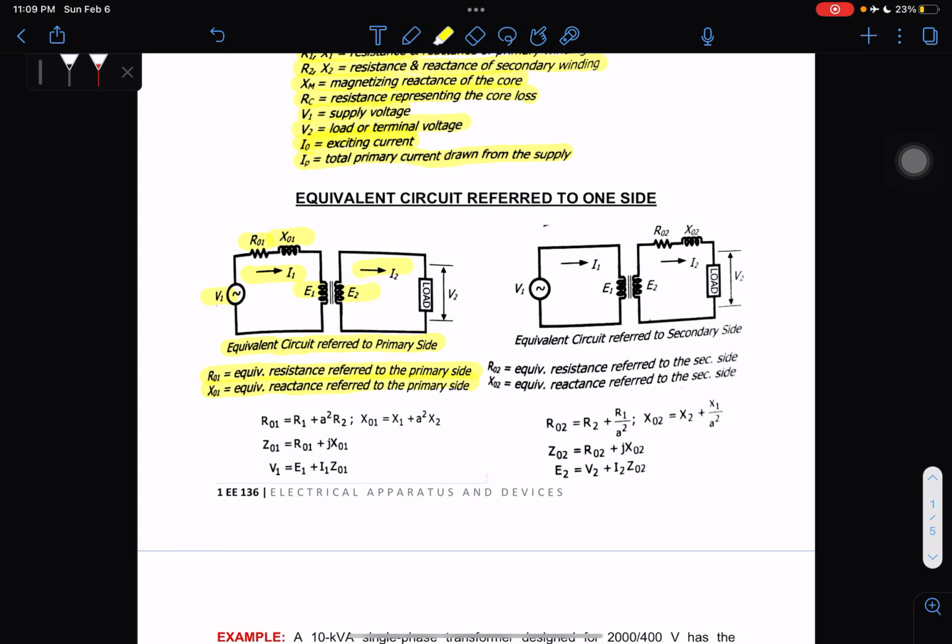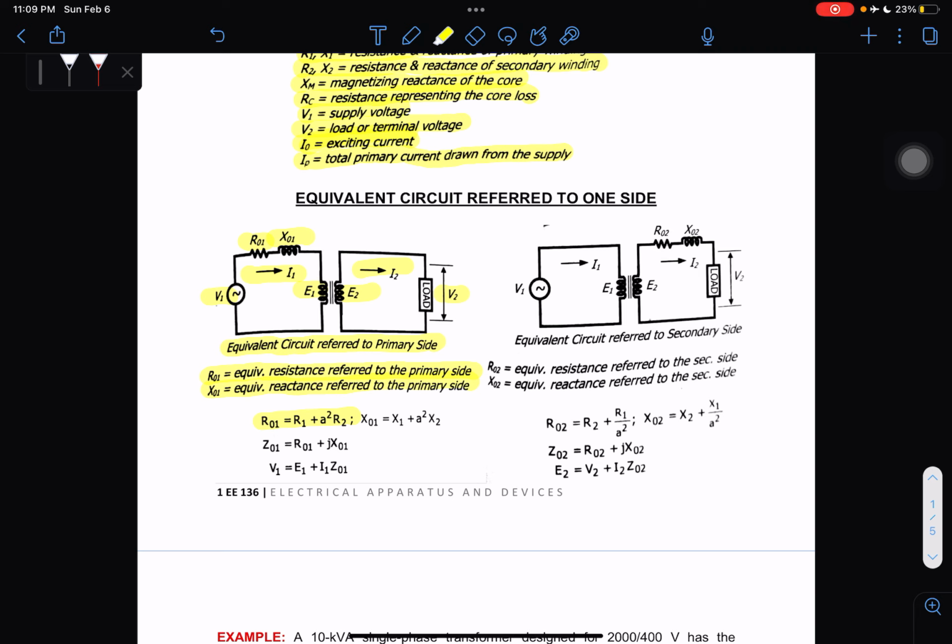And for the formula for solving R01, we have R01 is equal to R1 plus A squared R2. So take note of our formula.